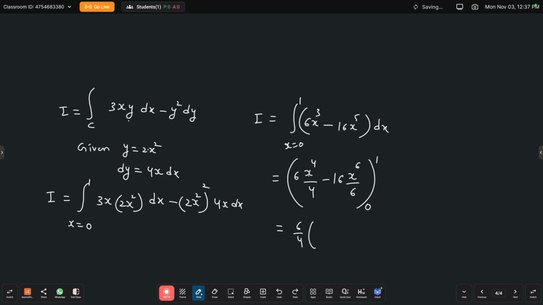In place of x put upper limit 1, 1 power 4, lower limit is 0, minus 16 by 6 times upper limit 1, lower limit 0. So we have 6 by 4 minus 16 by 6. You will get the answer minus 7 by 6.